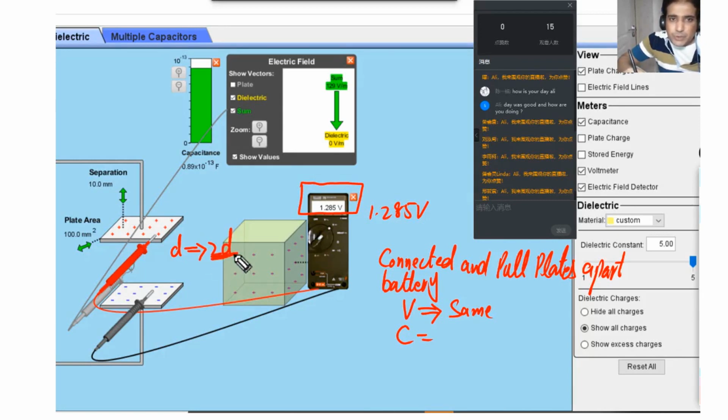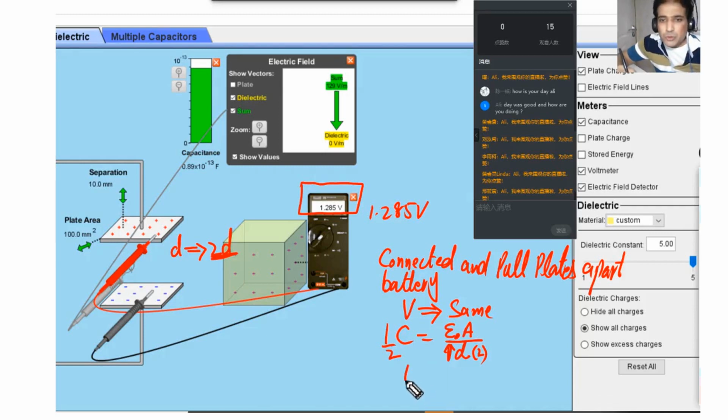Capacitance is equal to epsilon naught A over D. If D becomes double, this has to be half. So the capacitance decreases.